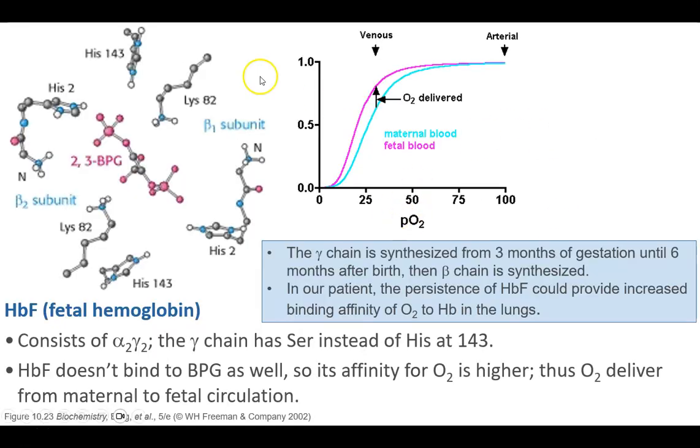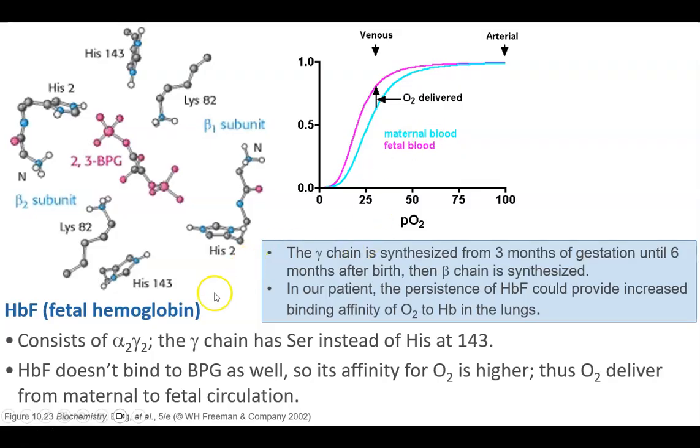Again, you should have noted what we talked about in class, how BPG binds to the central cavity, and if we have a serine instead of histidine at 143, so there's a histidine 143 right there, and there's another one right here, if both of these are replaced with serine, you have fewer ion pairs. So BPG doesn't bind as well.